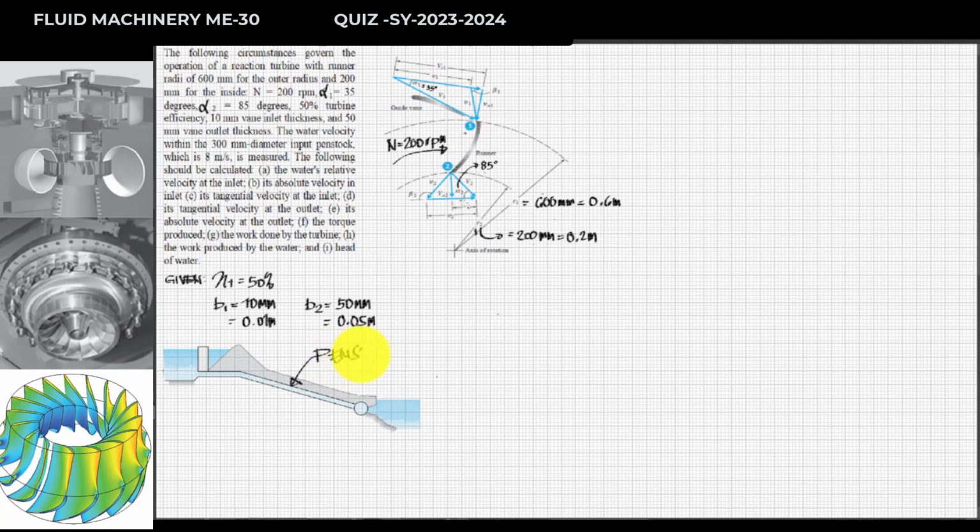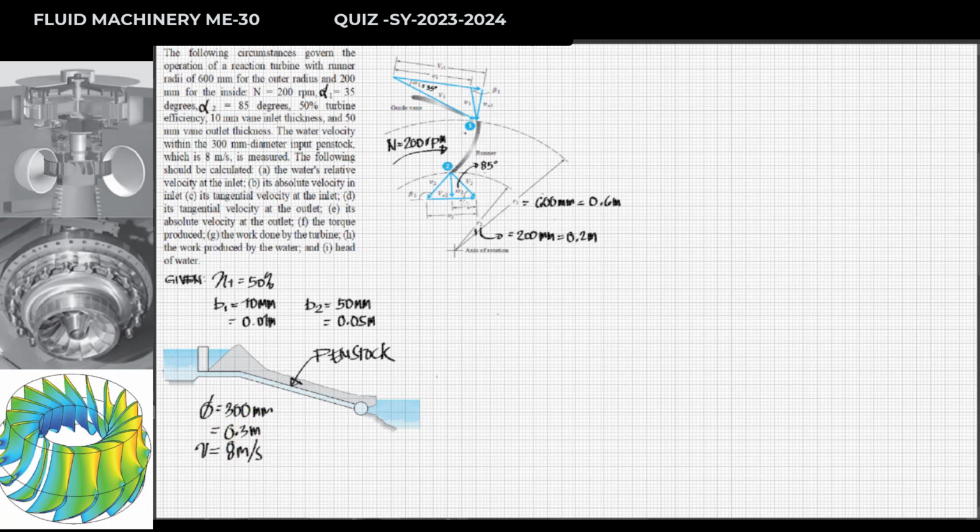The penstock has a given diameter, which the problem says is 300 mm, or 0.3 in terms of meter, and it has a corresponding velocity that is being monitored as a velocity of 8 meter per second.